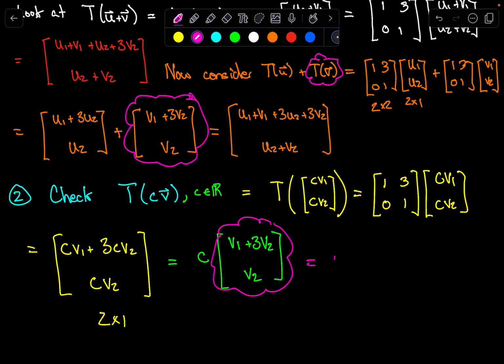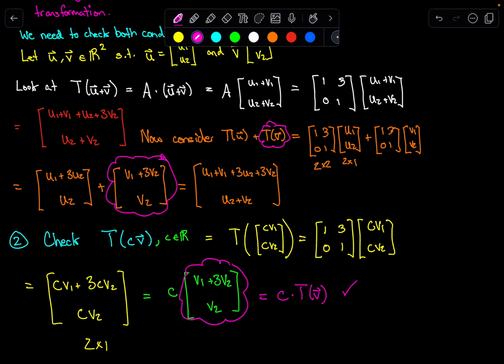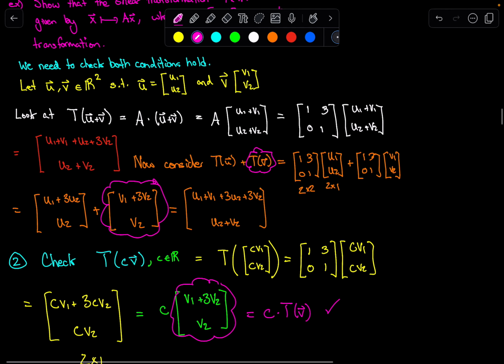So this is equal to c times T of v based on the work that we already did. And so we've satisfied both criteria, therefore this always works. So this transformation is indeed linear, and we have proven that.